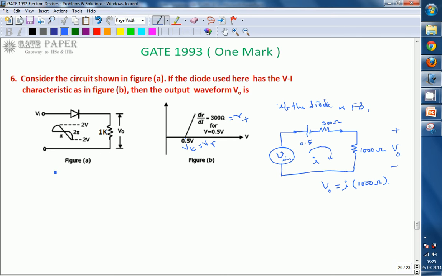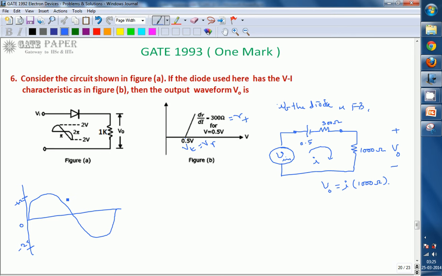So this is the input waveform we are going with. We are considering one complete cycle. It goes at most to +2 volts, and the minimum excursion is -2 volts, and it is 0 here.